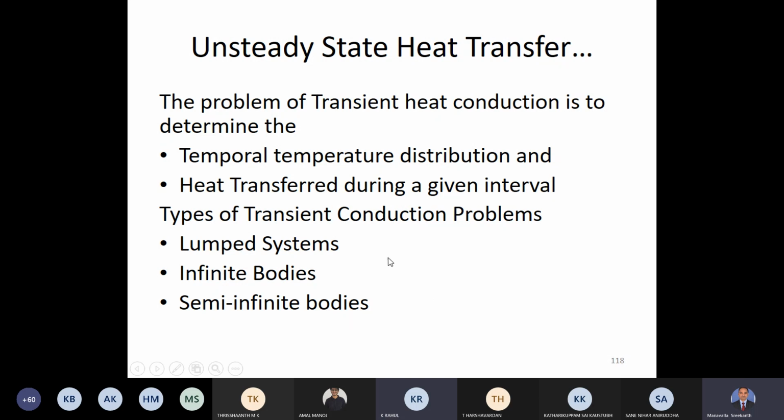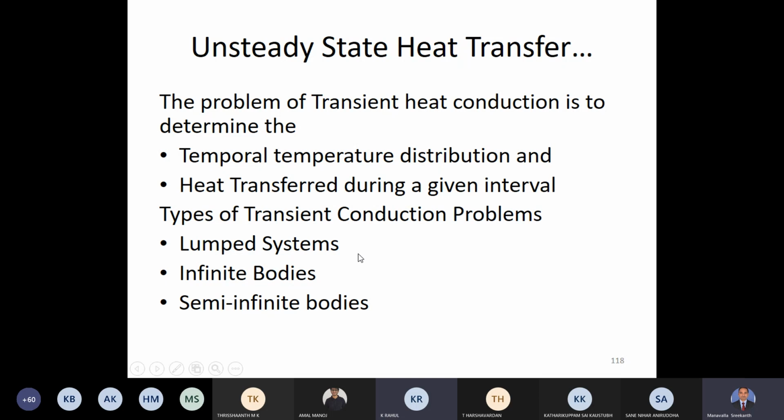As you can understand, the lumped system is the simplest of all three. Infinite and semi-infinite bodies are complicated, with almost the same amount of complication, but you should be able to distinguish what forms an infinite body and what forms a semi-infinite body. We will see that in detail after CAT 1. But let us now focus on the lumped system.